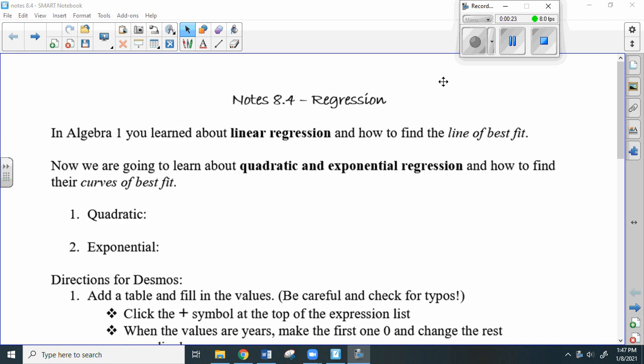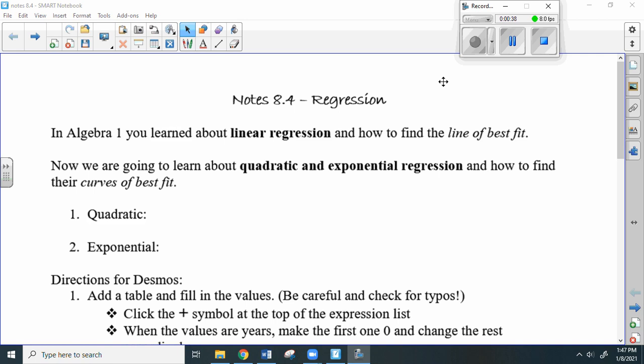I know it's been several years for many of you, but in Algebra 1, you learned about this thing called linear regression, and you found lines of best fit.